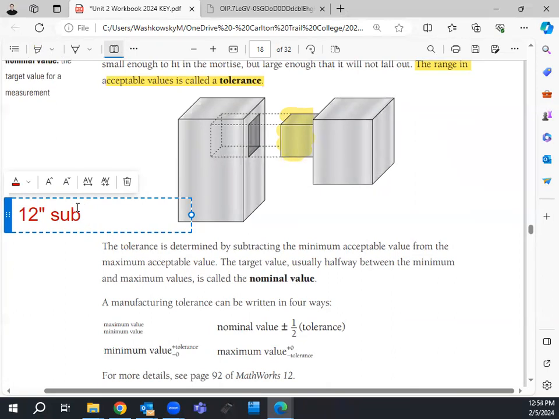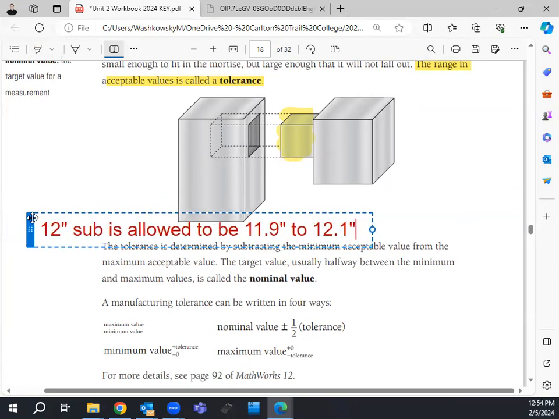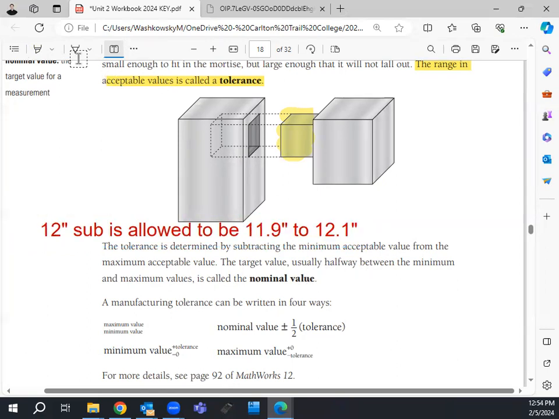Basically, their tolerance for a 12-inch sub is that it's allowed to be 11.9 inches to 12.1 inches. So they're like, okay, if it's a little bit bigger or a little bit smaller, that's okay. They have a tolerance level here. So what we have here is our tolerance, but there's another definition, which is the nominal value.